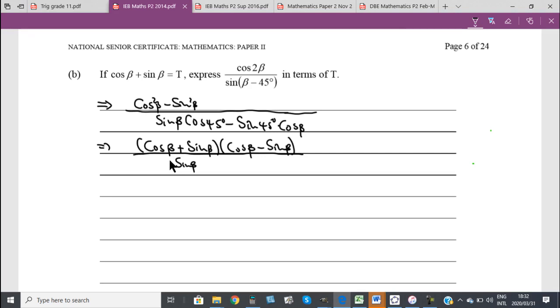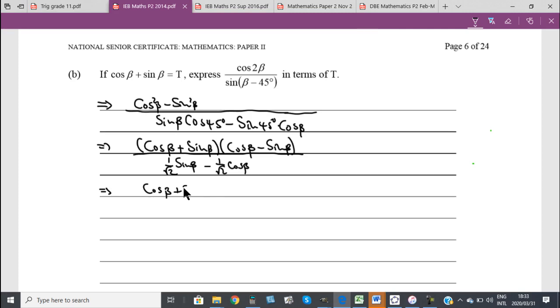Cos 45, if you go to your special angles, we talked about this, is 1 over root 2 minus another 1 over root 2, then cos beta. Okay, so there isn't much I can do in the numerator, so I'm just going to keep those as they are.